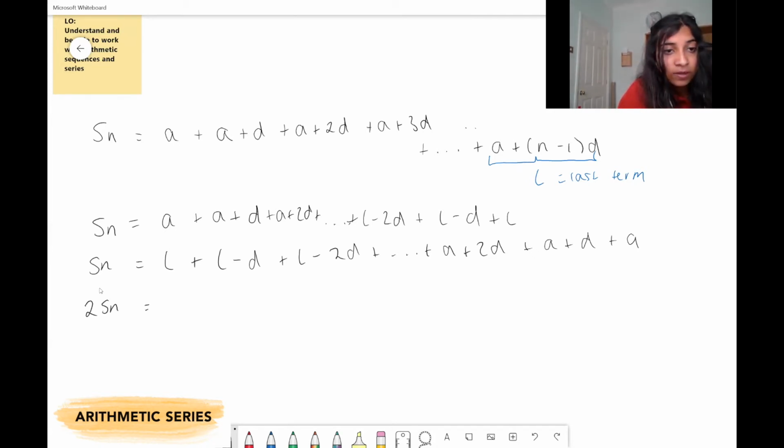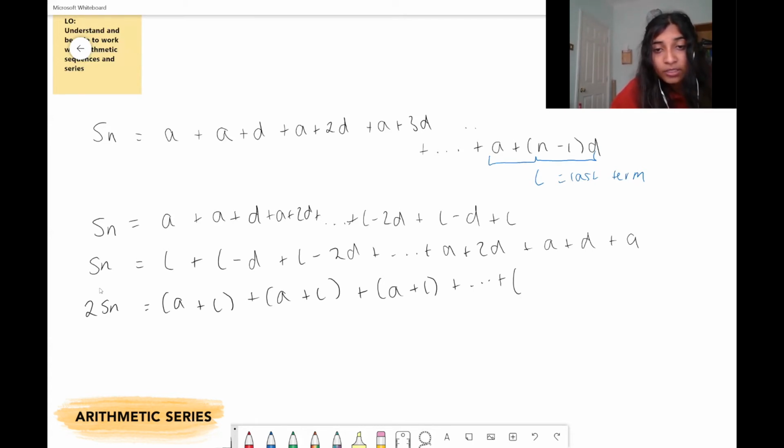If we do a plus L, that's just a plus L. And if we do a plus d plus L minus d, that would also be a plus L because the d's cancel. And if we do a plus 2d plus L minus 2d, that would also be a plus L because the 2d would cancel. That goes all the way along, and each pair gives a plus L again.